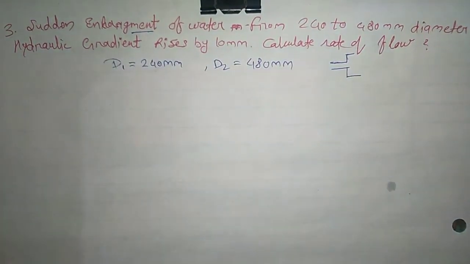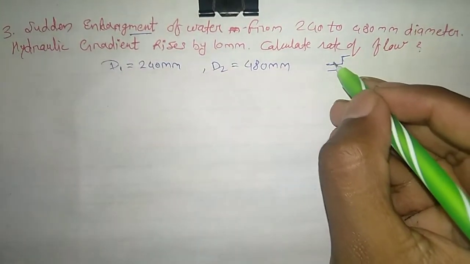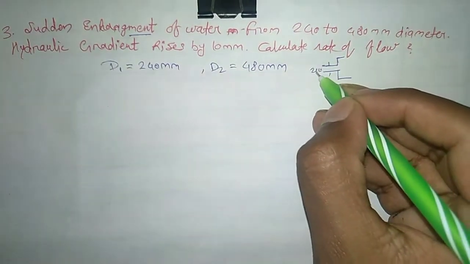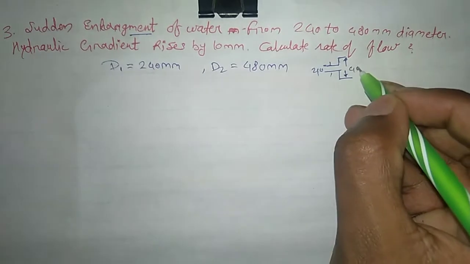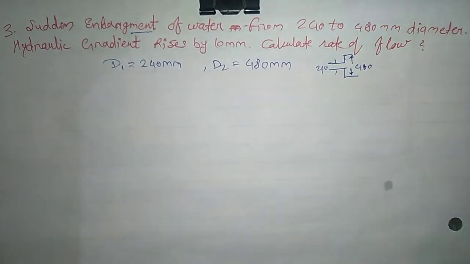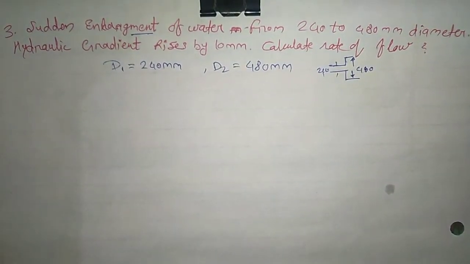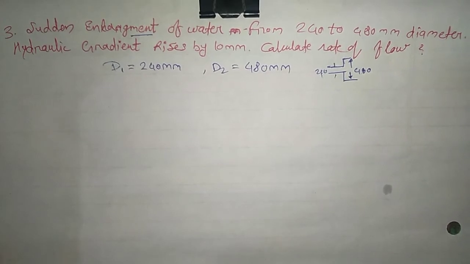increases abruptly or suddenly. So this is 240 and this is 480 mm. Okay, the hydraulic gradient rises by 10 mm.